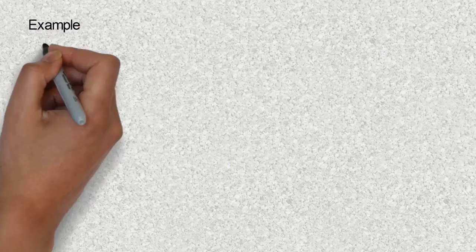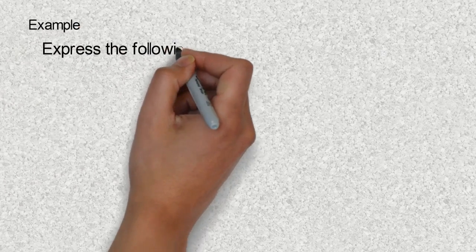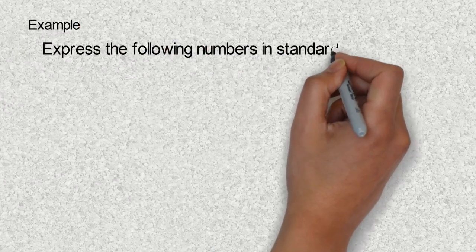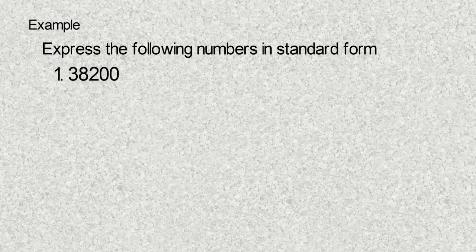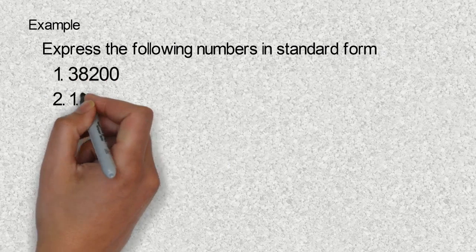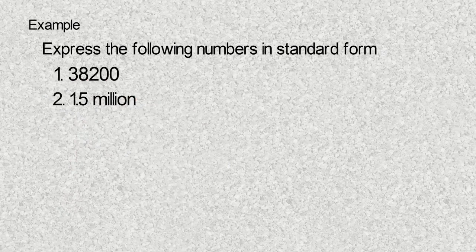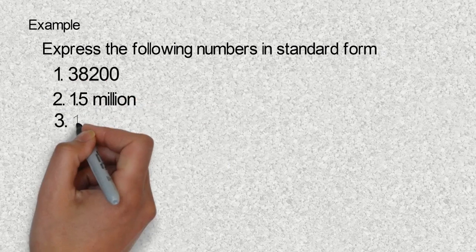So for example, let's express the following numbers in standard form. I have 38,200, I have 1.5 million, I have 17. So how do I express these in standard form?